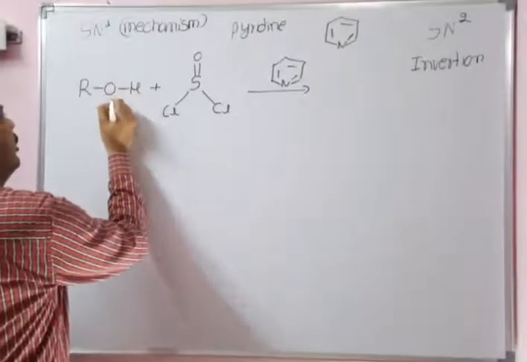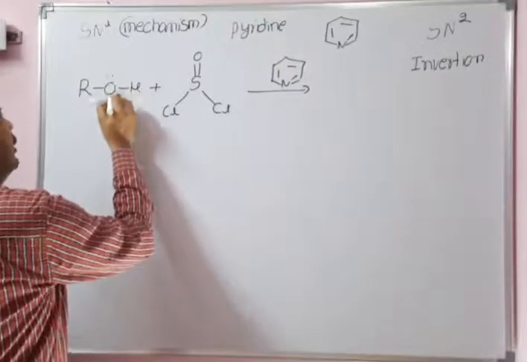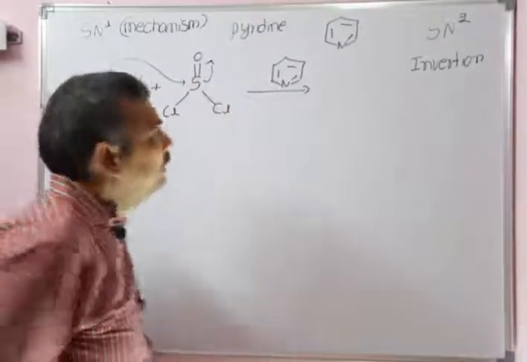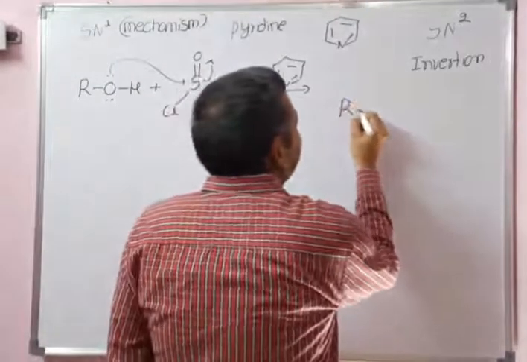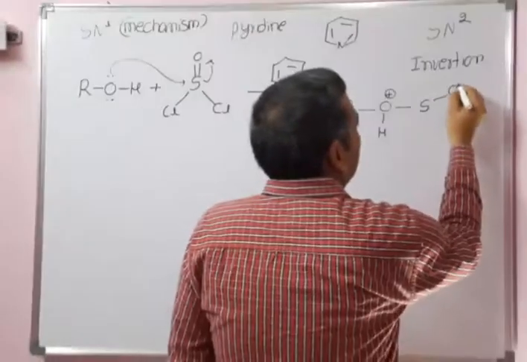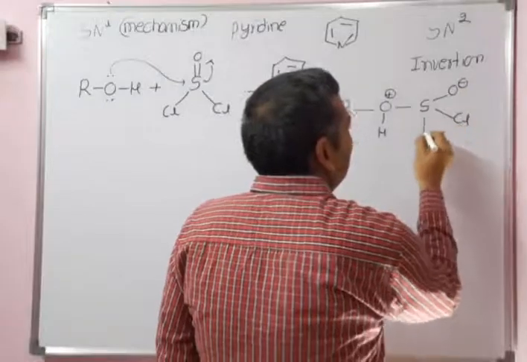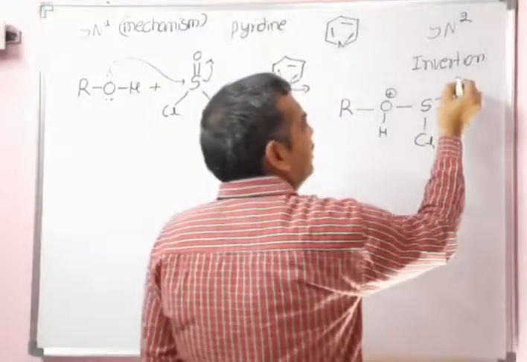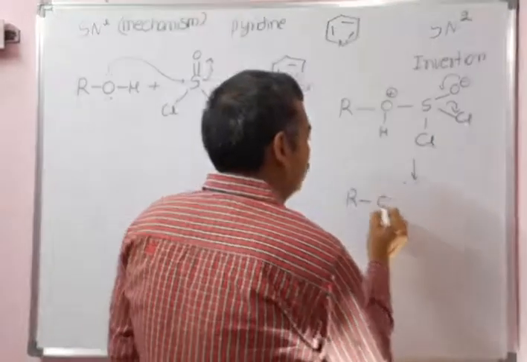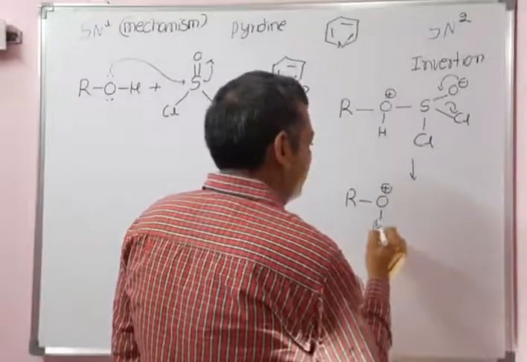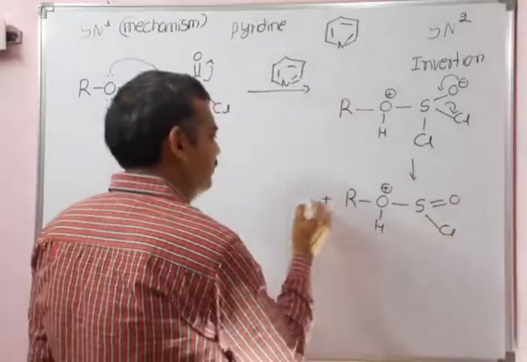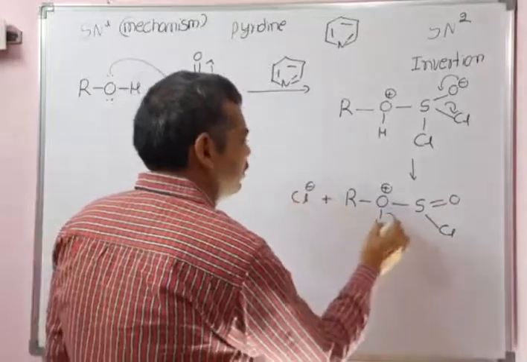The lone pair of electrons on oxygen attacks at sulfur, as a result RO hydrogen SO minus Cl and Cl. After that, polarization will take place to give RO positive charge hydrogen S double bond O Cl, and Cl minus is there in the reaction, so that will abstract a proton.